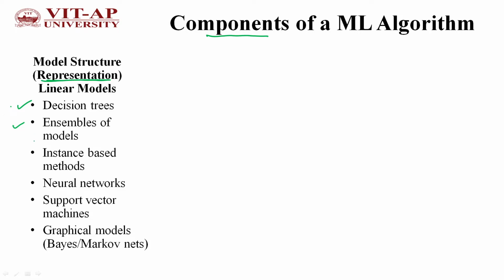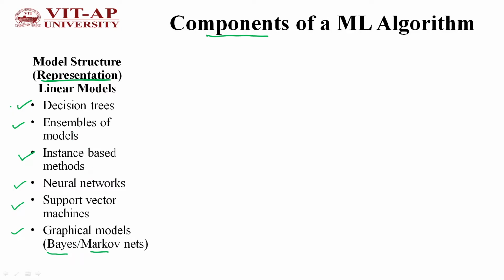So for ensemble models we are having random forest algorithm, boosting algorithms, then instance based models, KNN algorithm, neural networks, or support vector machine, or graphical models, which is having Bayesian algorithm and hidden Markov algorithm, right?